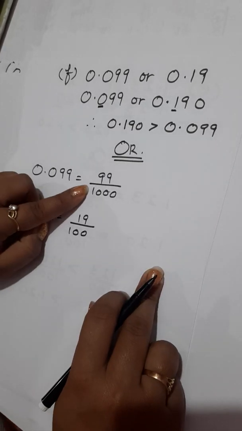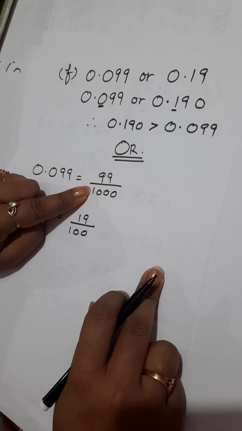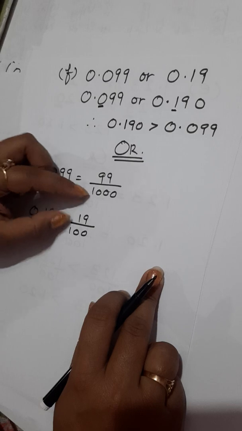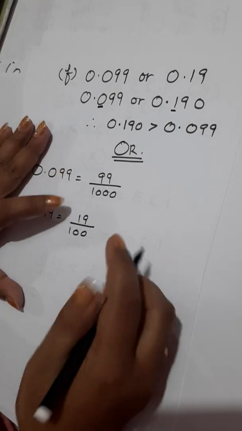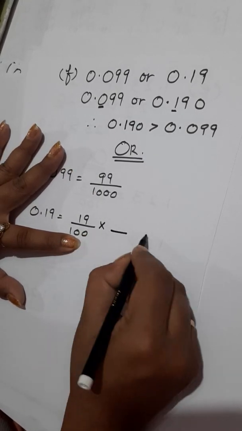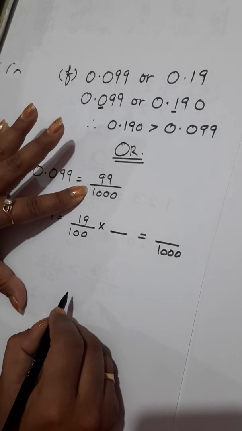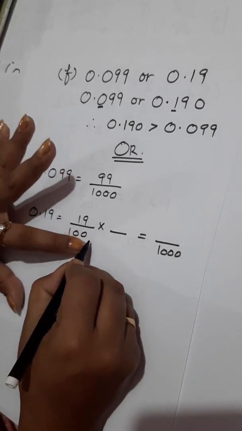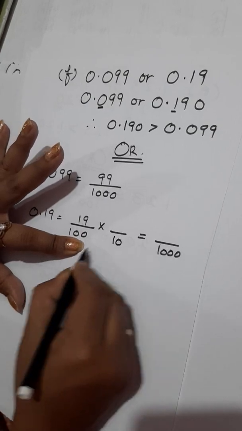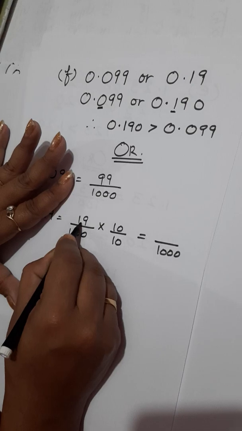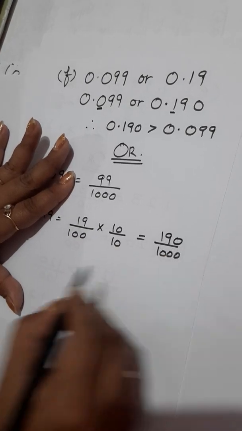Now in this case, in this denominator 1000 is there, in this denominator is 100, and whenever you have to compare, denominators will be same. So by which number do you multiply the denominator so that you will get 1000? It is very clear, multiply denominator by 10, numerator by 10, you will get 1000 in the denominator. 19 tens are 190.